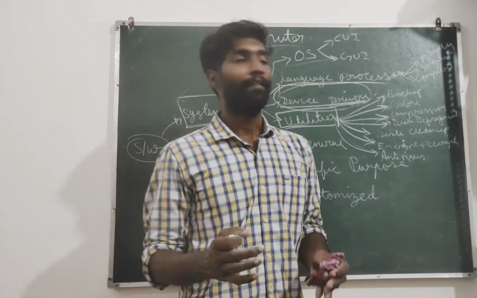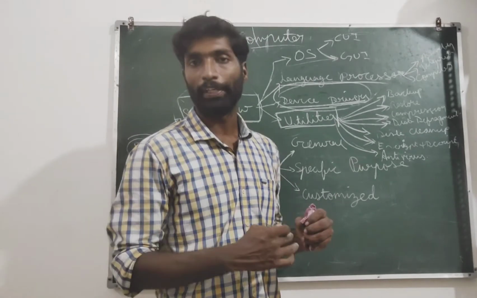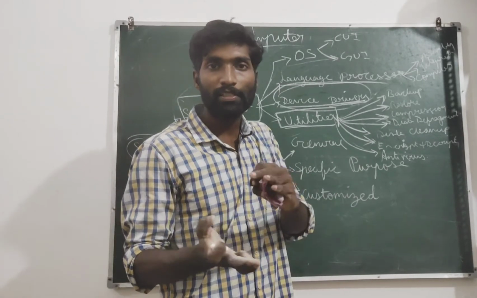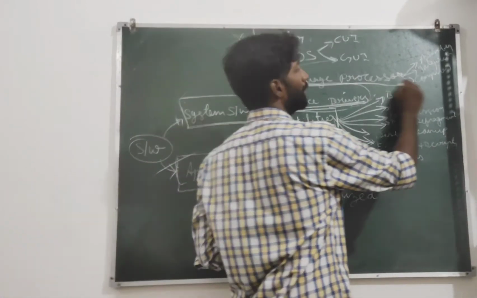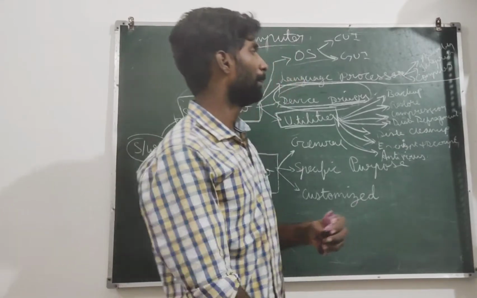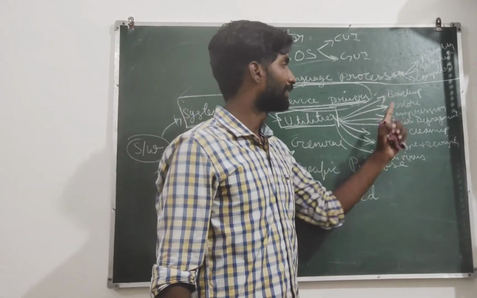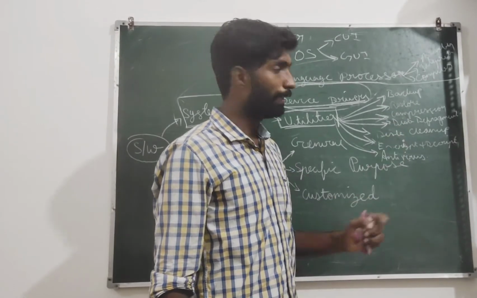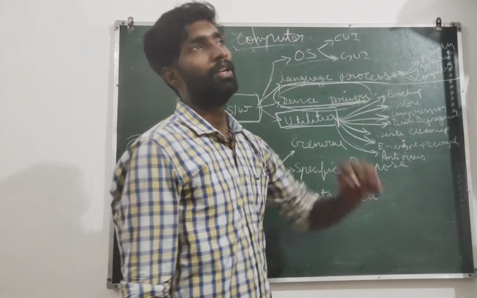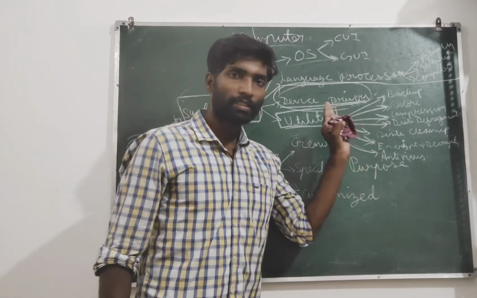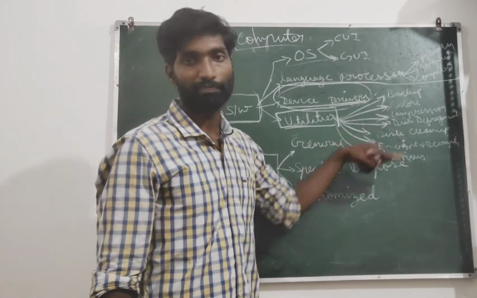Again I am saying, with the help of utility, the system works smoothly. Mainly there are 7 types of utilities: backup, restore, compression, disk defragment, disk cleanup, encryption and decryption, and antivirus. I hope you know a few things, but many things in these utilities you don't know.